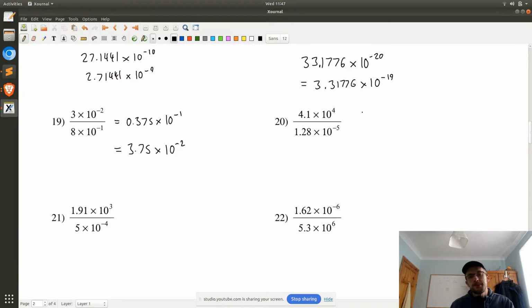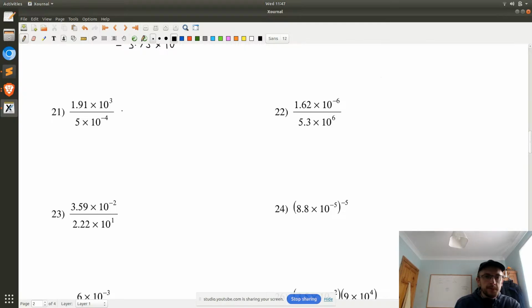Well, 4.1 divided by 1.28. That's the same as dividing by 2 7 times in a row, something like that. But for the sake of this, there.